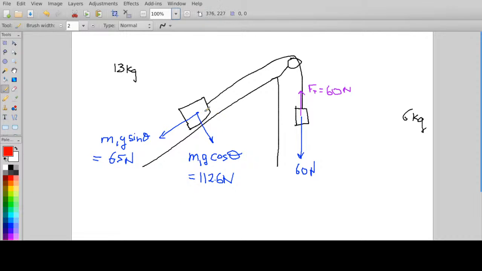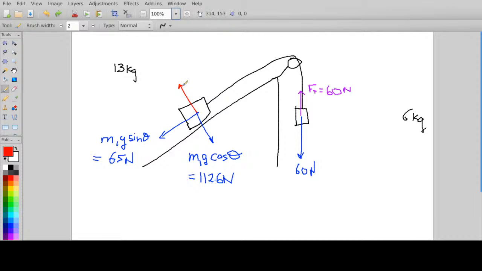Now, the normal force. Let me just show you a mistake first that some students make. Some students always think normal force is up and they'll draw it like that, and that is wrong. The normal force is perpendicular to the touching surfaces, and the touching surfaces are slanted here, and so is the normal force.